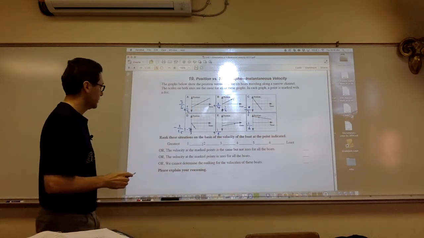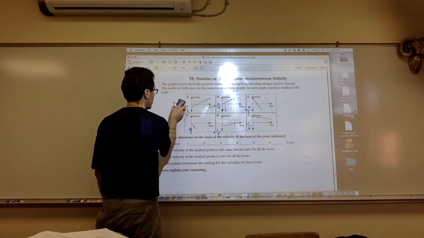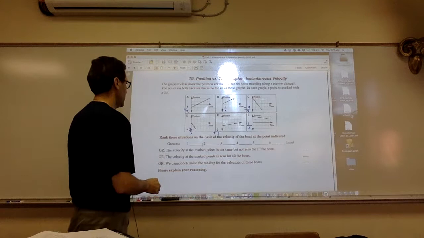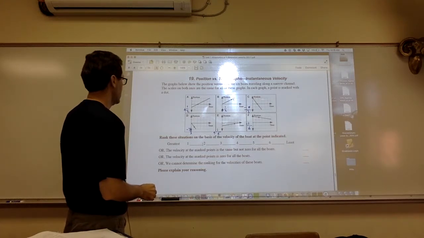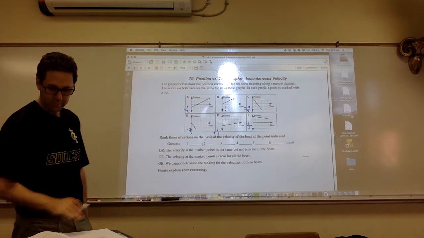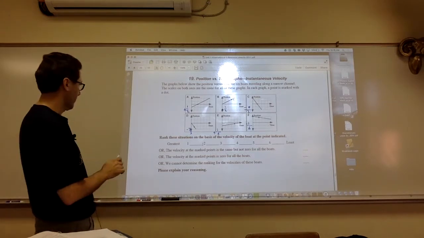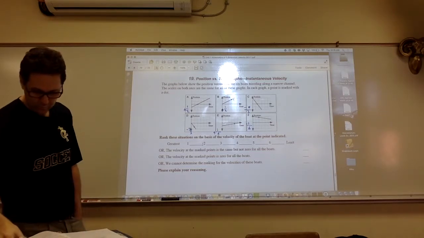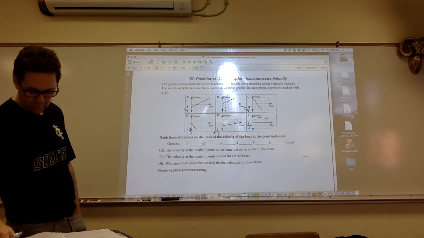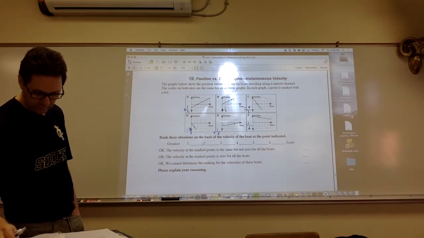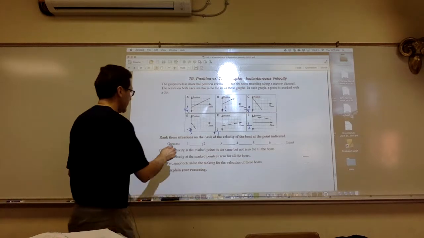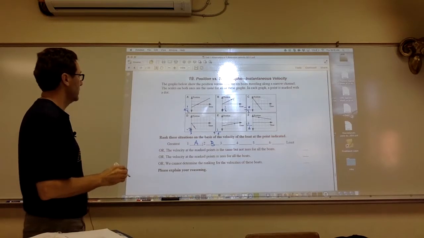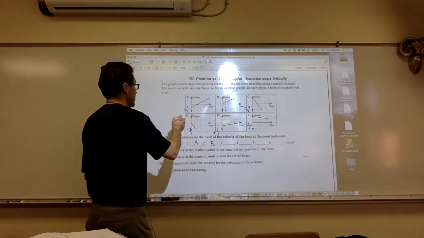So let's rank these velocities. I'm going to get rid of all this extra junk here. Which one is the highest? It looks like it's A and B. Yeah, this is A and B. And then this is done.